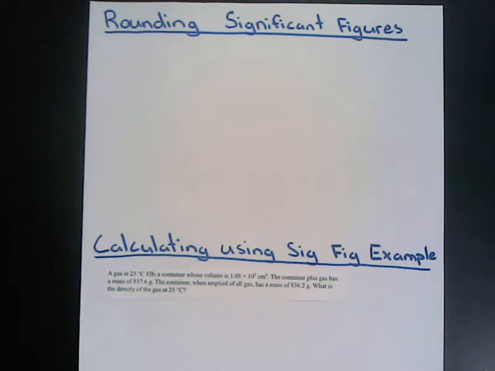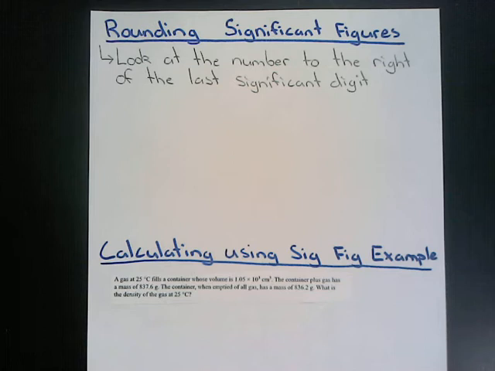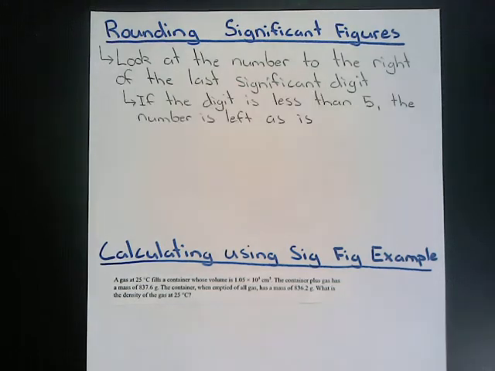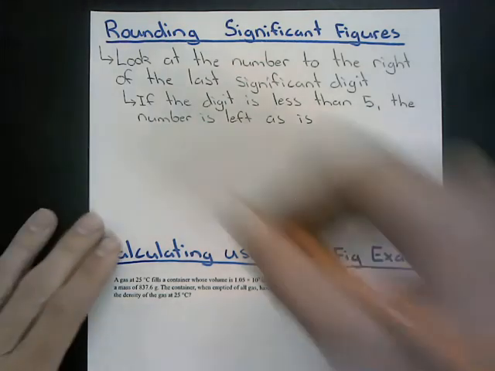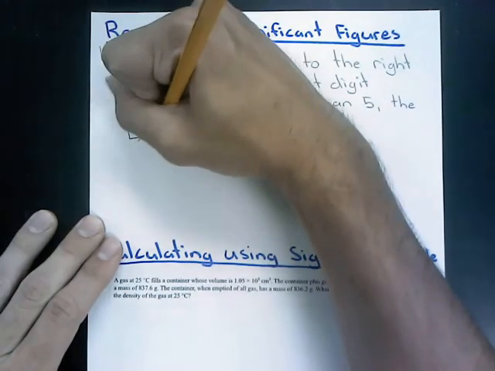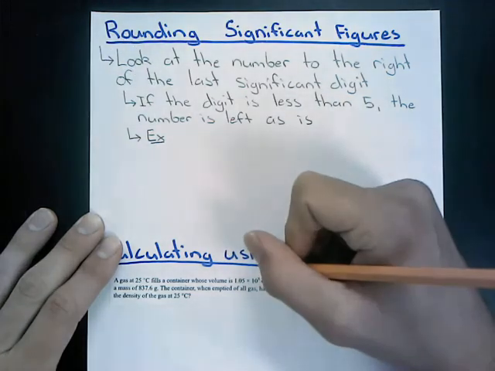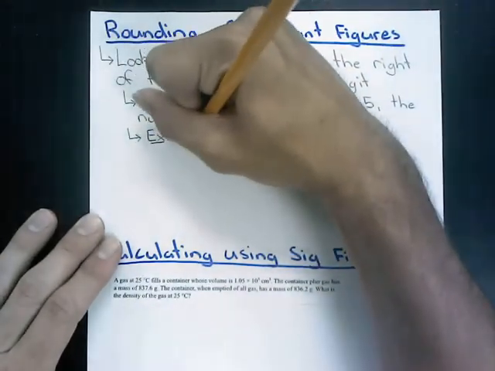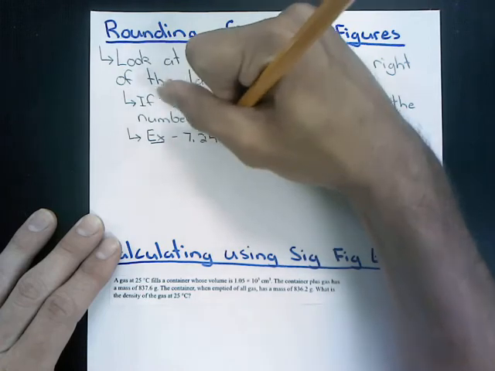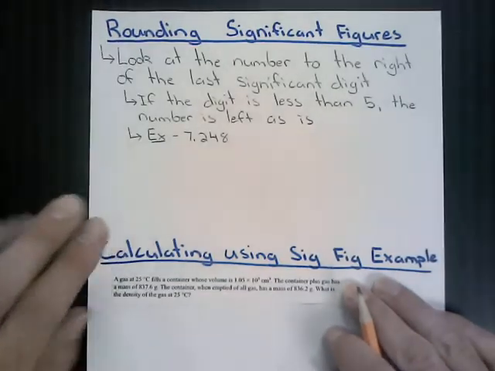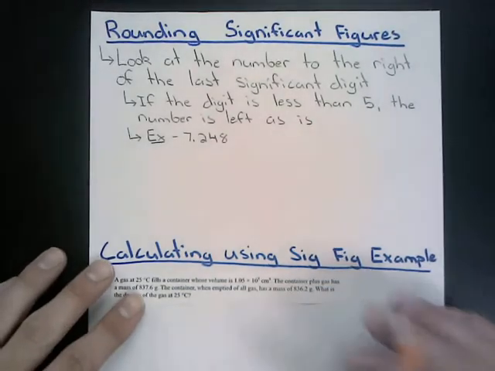One, look at the number to the right of the last significant digit. If that number is less than 5, the number is left as is. In an example here, let's say we have the value 7.248, and we want to round to 2 significant digits.